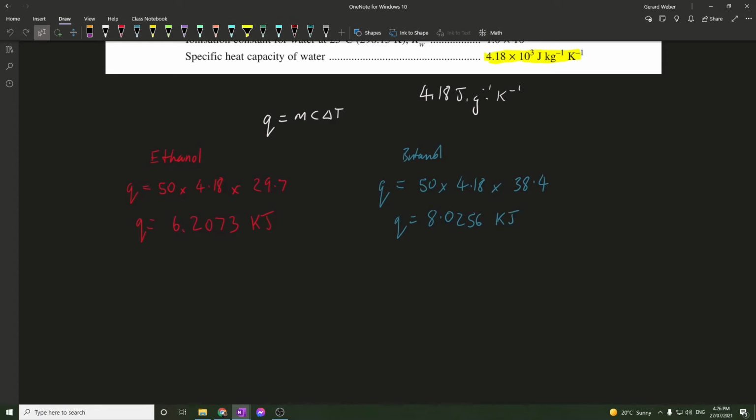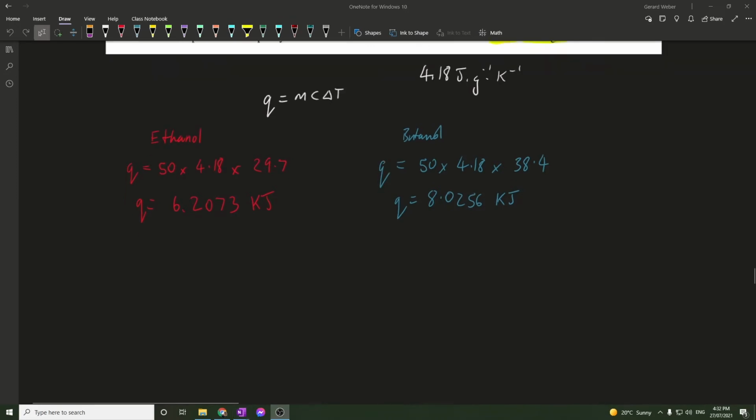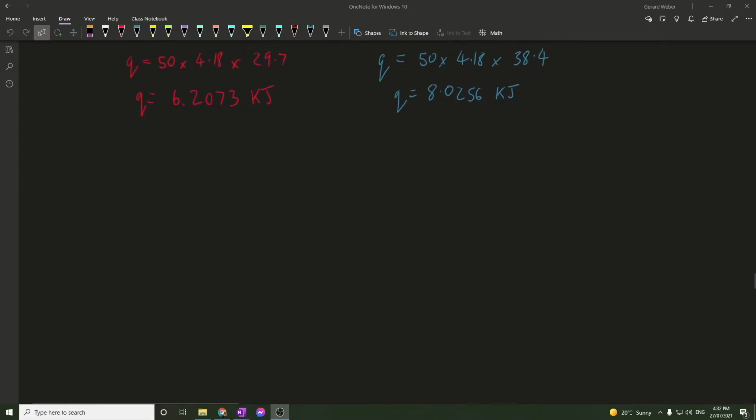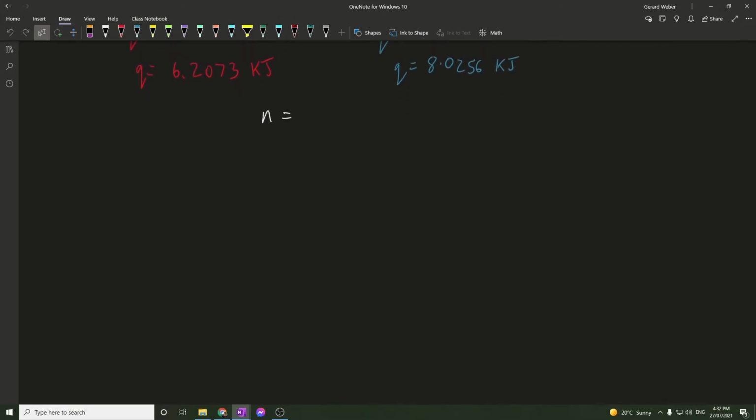Okay, now that we've got our Q's, we can work out what N is for both of these. We'll write our equation. N is equal to the mass of sample divided by the molar mass of our compound. So let's calculate the number of moles of ethanol. N is equal to the mass of sample, 0.48 grams, and the structure of ethanol looks like this.